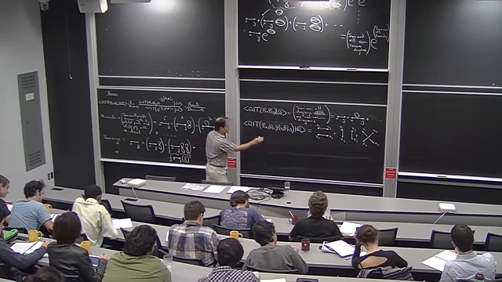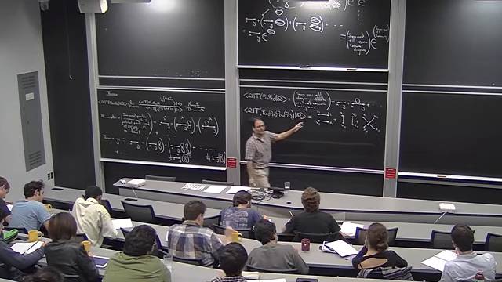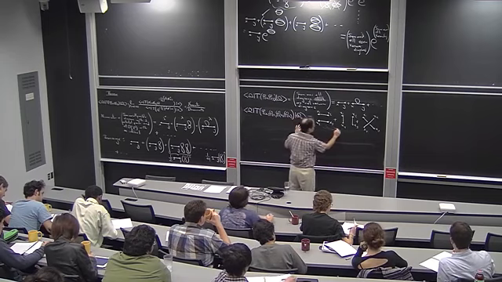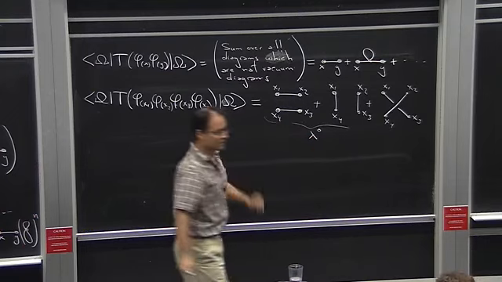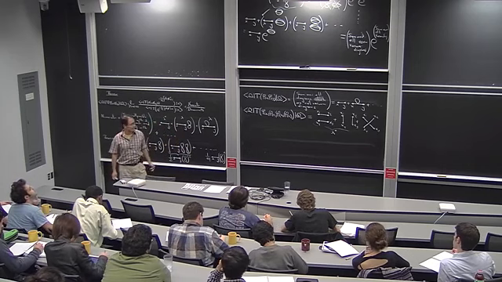Okay. Clearly, these ones are to leading order, right? These diagrams are the diagrams that we get to order lambda to the 0. How about order lambda? What can we get?